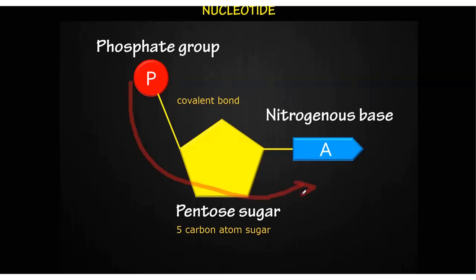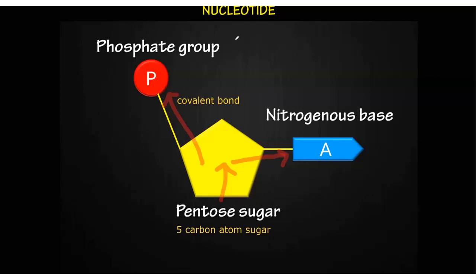Preferably, when you describe nucleotide, it will be better if you start from the pentose sugar. You mention it has a pentose sugar. That pentose sugar is linked to phosphate group. That same pentose sugar is also linked to nitrogenous base. Better for you to explain from the pentose sugar, like what I did also.